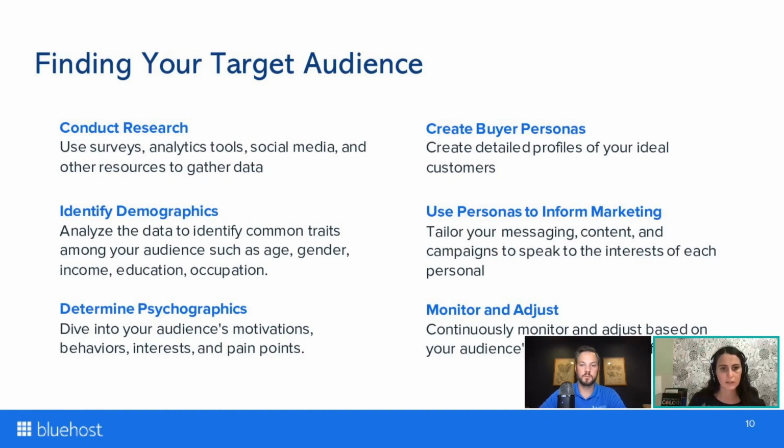By understanding these things and determining those psychographics, identifying the demographics, and using that research, you're going to then create buyer personas of your ideal customers. So again, going back to that, we cater to women who are 25 to 35 is going to be part of that. And we'll talk about some other stuff on the next couple of slides that goes a little bit deeper into buyer personas.